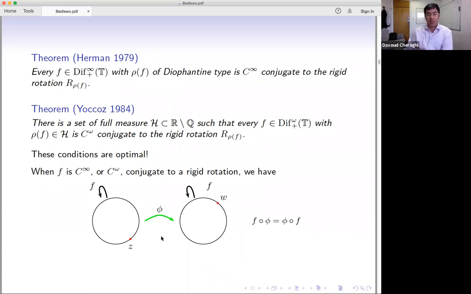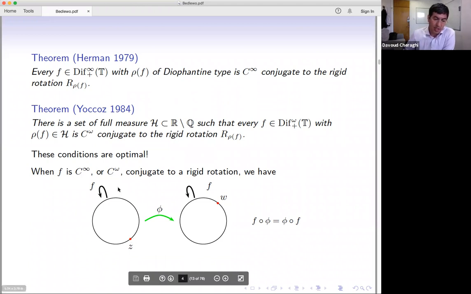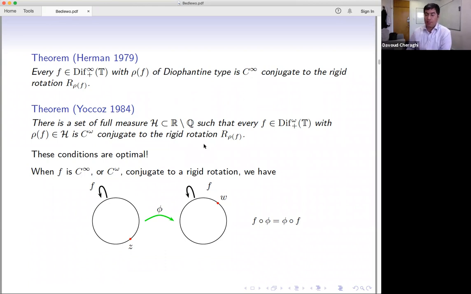It's a conjugacy. So in other words, the orbit of z under the iterates of f and the orbit of w under the iterates of f produce the same geometry on the circle, modulo a C infinity, or in this case, an analytic map.